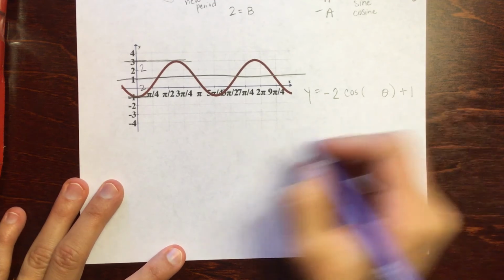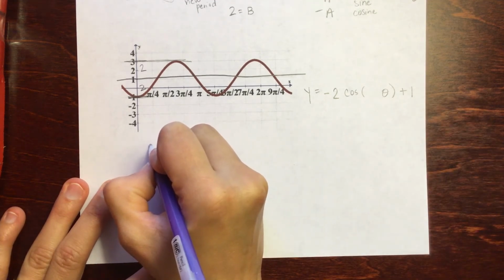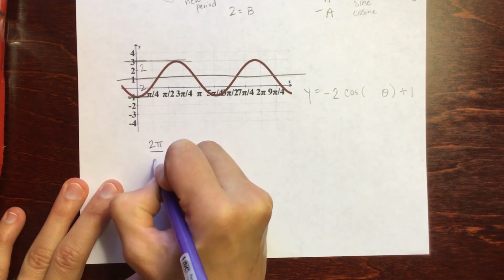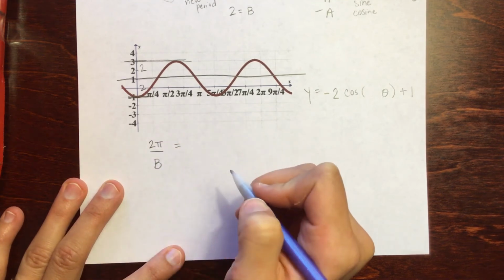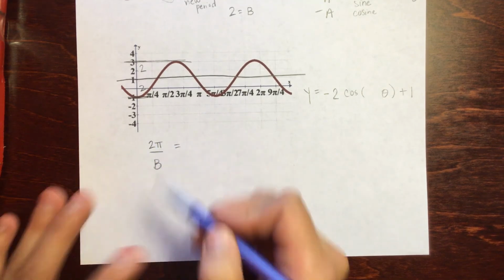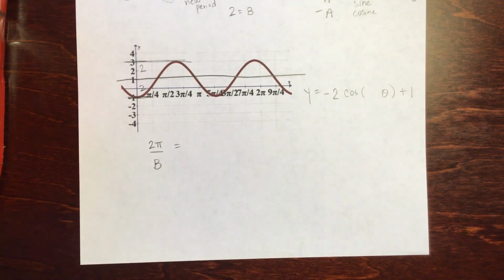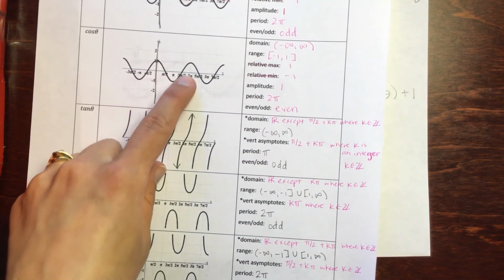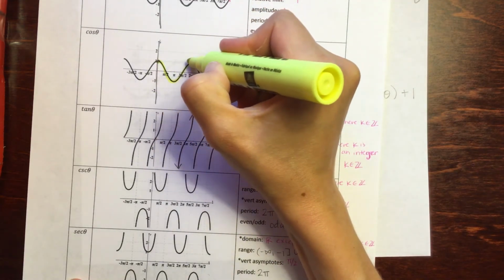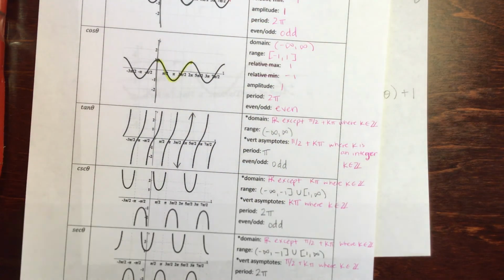All right, B. Remember, your normal period of a cosine function is 2 pi. So if I divide it by B, that should equal my new period. Or also, this is the formula for period anyhow. Normal cosine graphs start at the peak of the wave, they go down and then come back up. This is a period in a normal cosine graph, 2 pi.